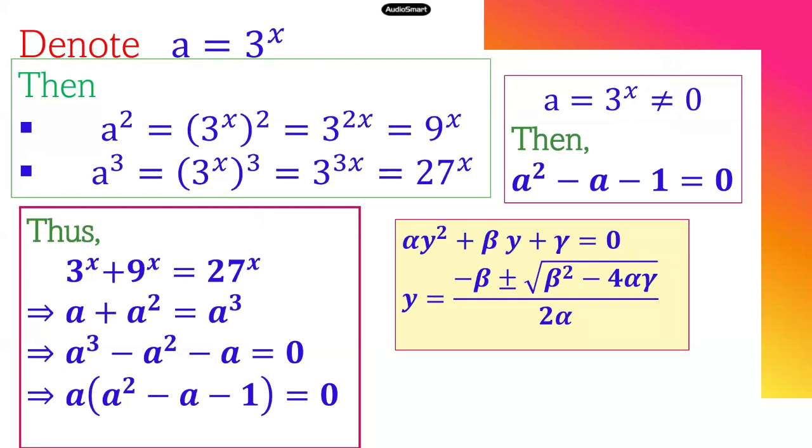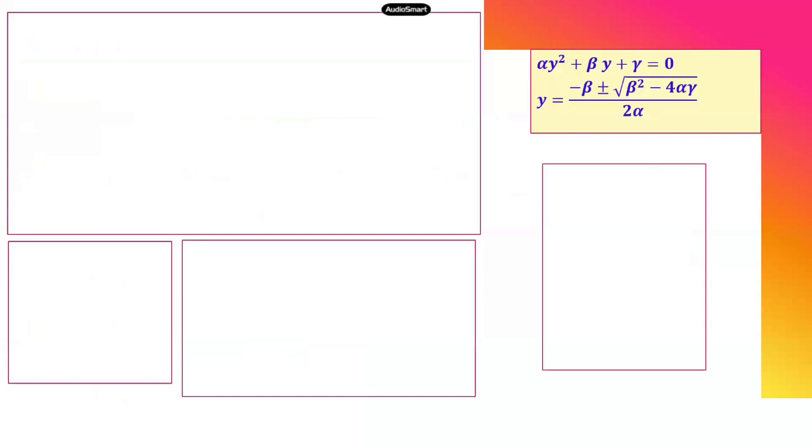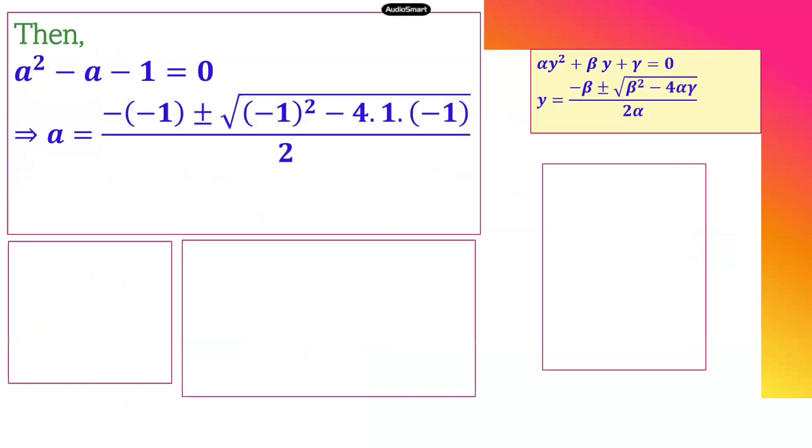Using this formula, we now solve the equation a² - a - 1 = 0, which gives you a, and after simplification you get a = (1 ± √5)/2.